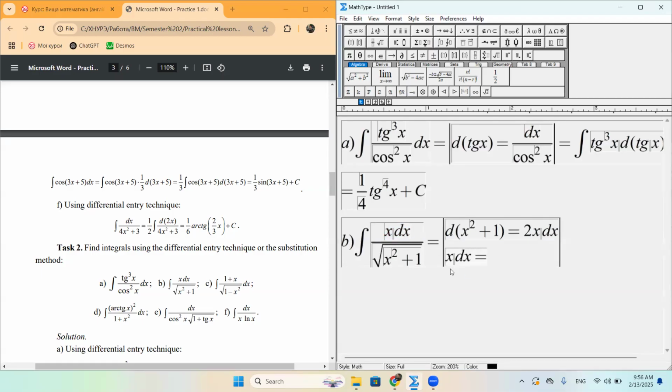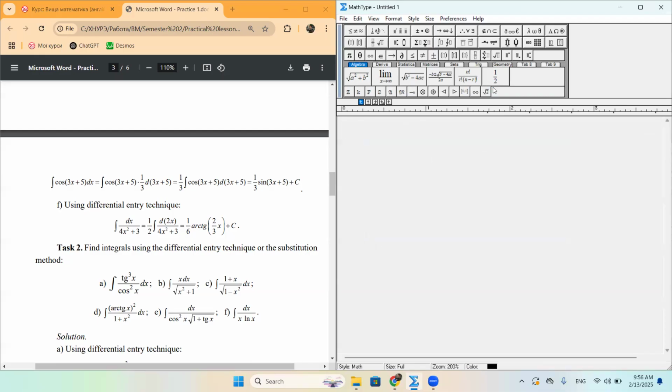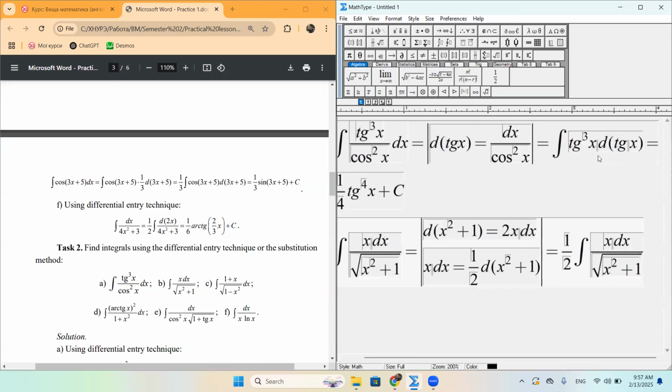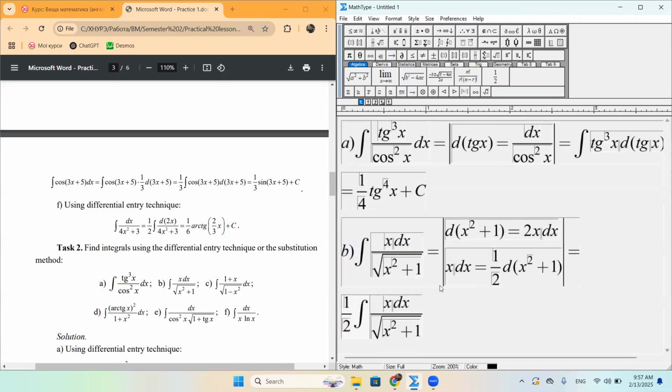So x dx will be equal to one half of this differential. So now let's use the differential entry technique. Let me move to the next line.